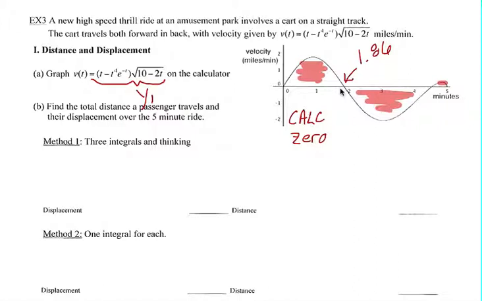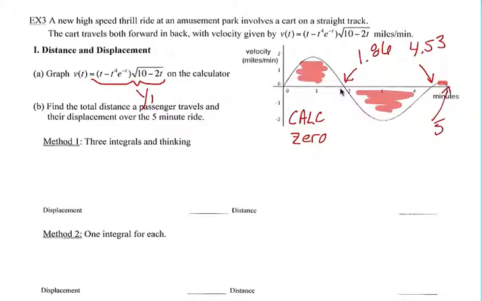And this point here, the second 0 that's important, is going to be 4.53. And then the last 0 that's going to be important is 5, right there. So if we want to find the total distance, the first way to do this is to find the three integrals.